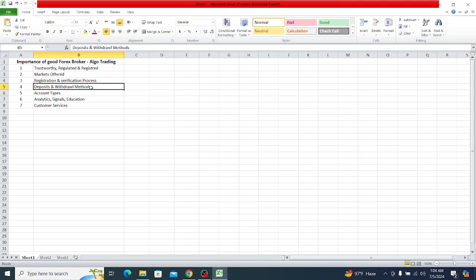Another thing which is the most important is the deposit and withdrawal methods. There are a lot of policies when it comes to deposit and withdrawal with different brokers. I have seen a lot of people complaining that they are trying to withdraw their funds but are unable to.